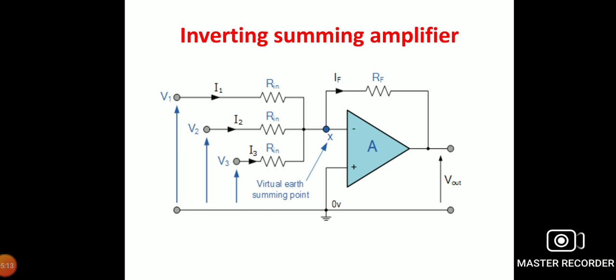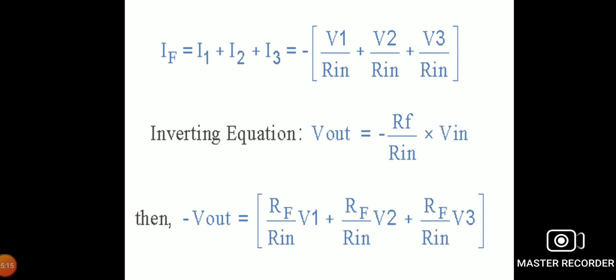Now we can see the calculations. The first step is the feedback resistance. How to calculate the current in the circuit: there are three currents, I1, I2, I3. The current is calculated using Ohm's law, V divided by R. For the inverting amplifier, the minus term gives a negative output voltage.